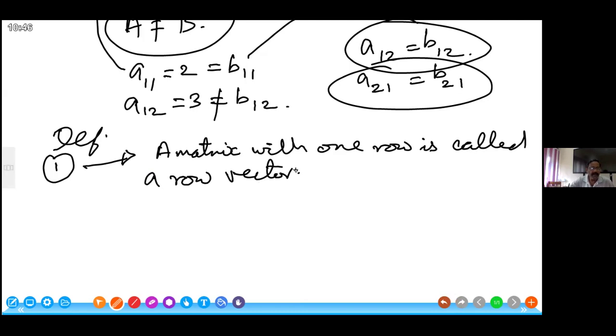That means a matrix which has only one row. There may be several columns, but only one row.